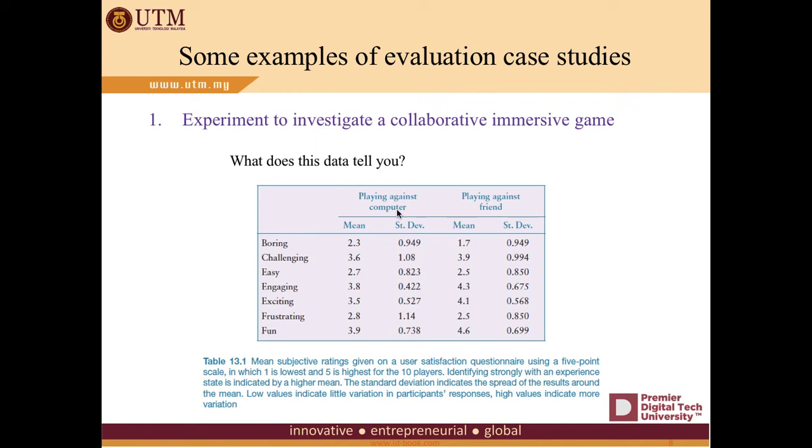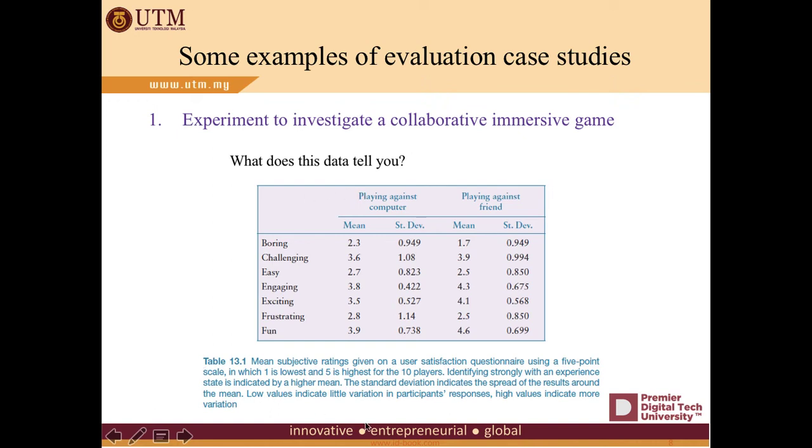If the number is small, it shows that the gap among all the users is not very big. If the standard deviation is larger, it means that the gap among all the samples or participants is big. So that's what it means.